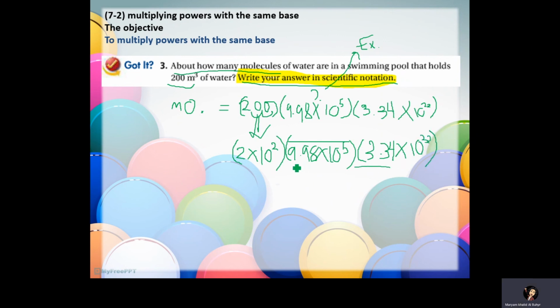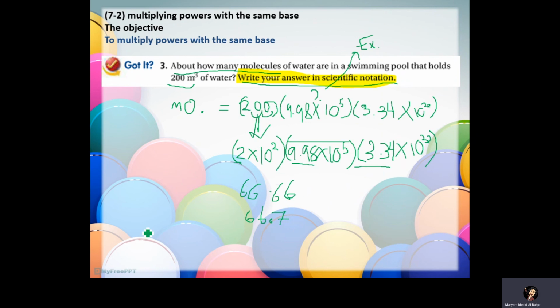Now take these numbers and multiply them all together. Once you multiply them all together, you will get 66.666, many sixes here. You just need to write 2 digits and that's enough. Estimate it also 66.7.